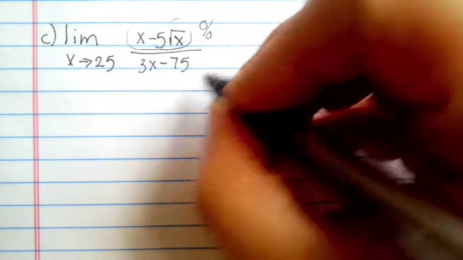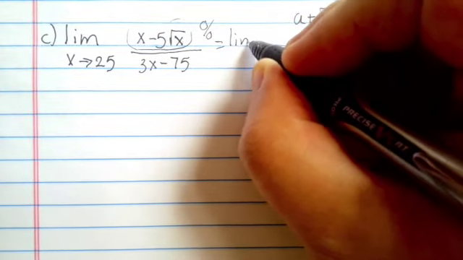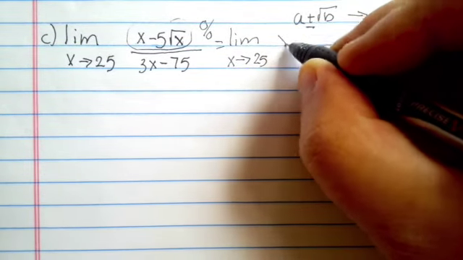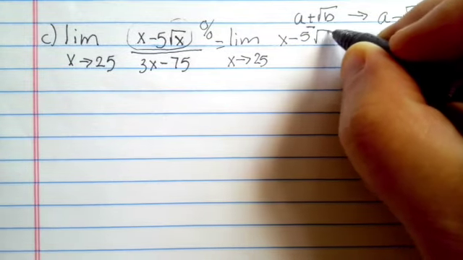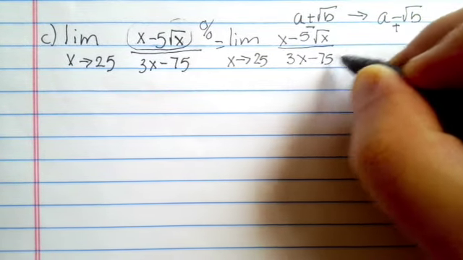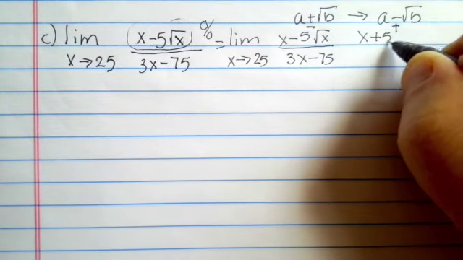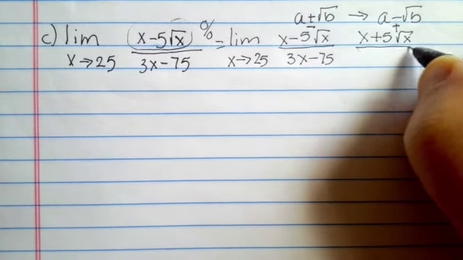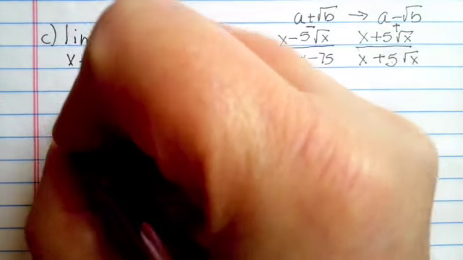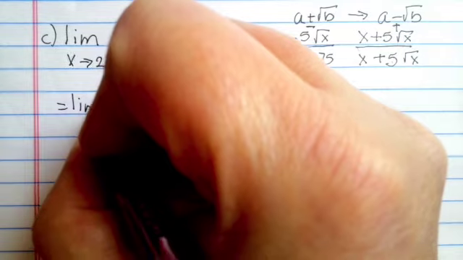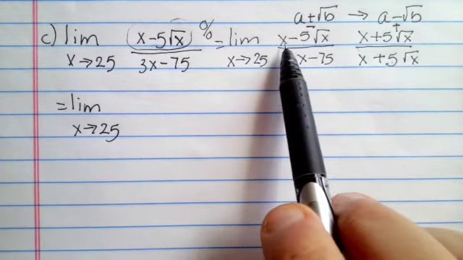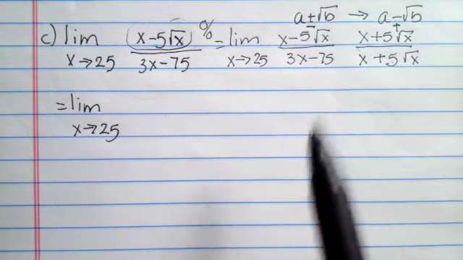So what we need to do is multiply by 1 in the form of x plus 5 root x over x plus 5 root x. So I'm going to FOIL this together. X times x is x squared.